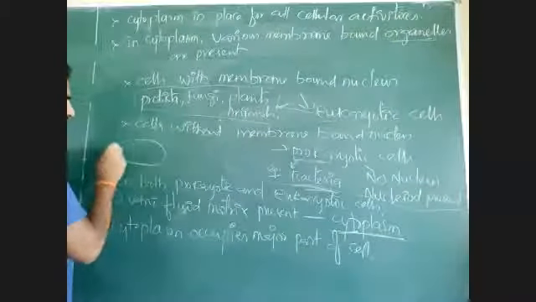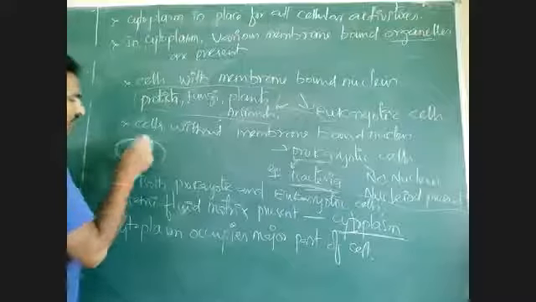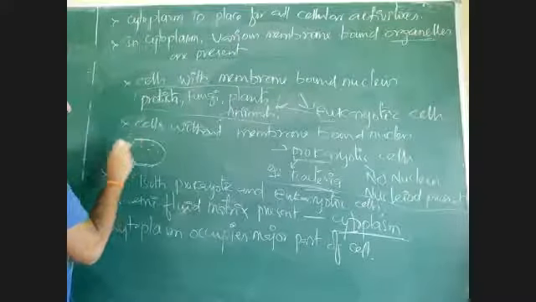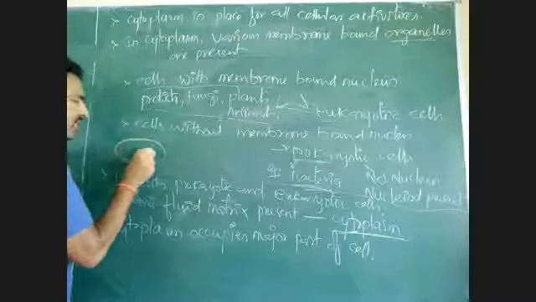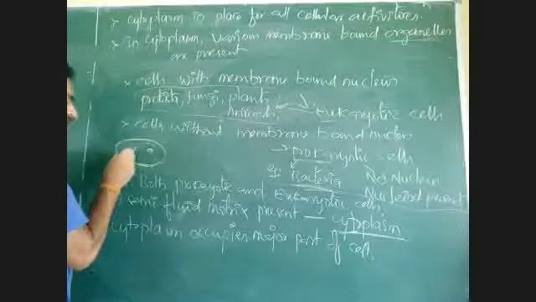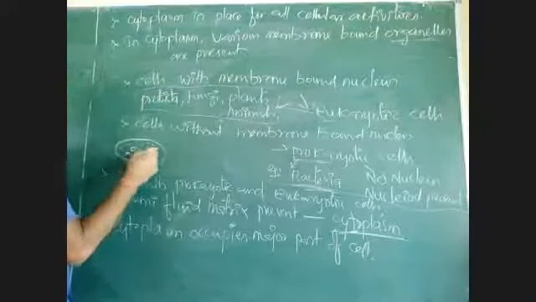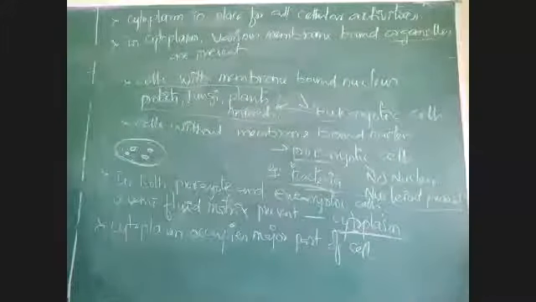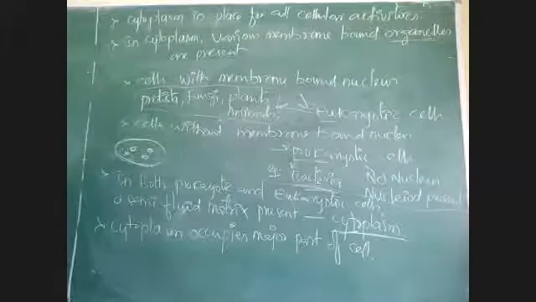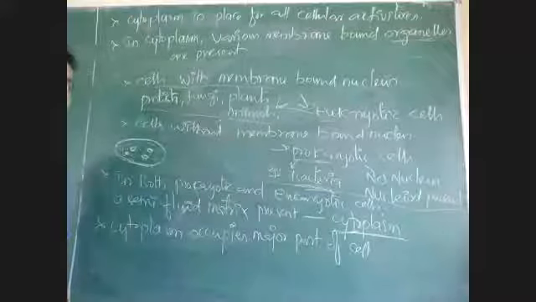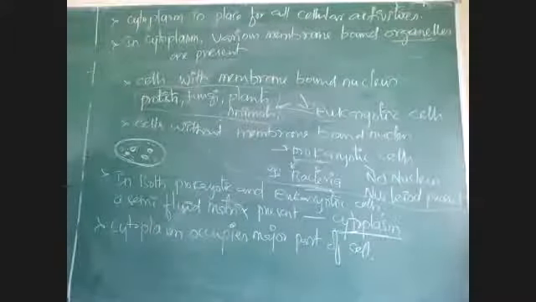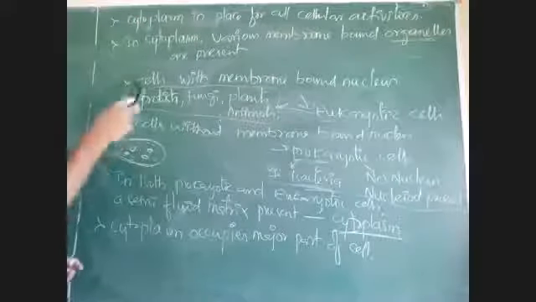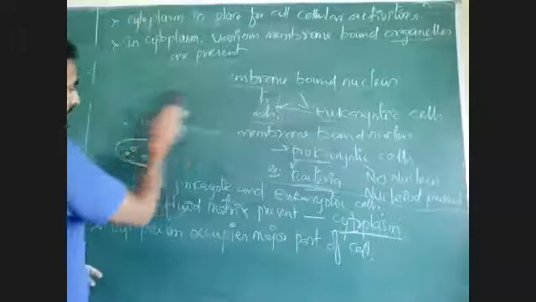It has a cell membrane. Inside the cell membrane there is a fluid. This is called cytoplasm. Inside this cytoplasm there is presence of some subcellular structures. Those subcellular structures are called organelles. These organelles may include mitochondria, chloroplast, and others like vacuole, vesicles, Golgi complex. So inside the cytoplasm there are various membrane bound organelles.